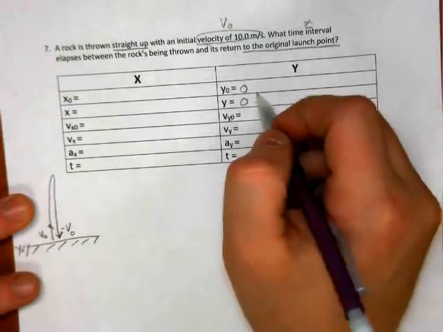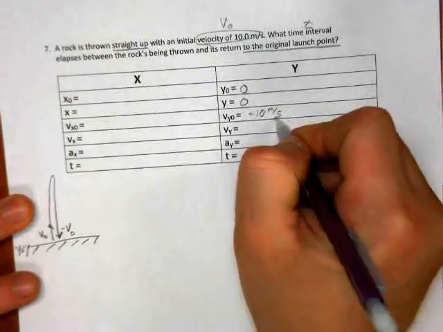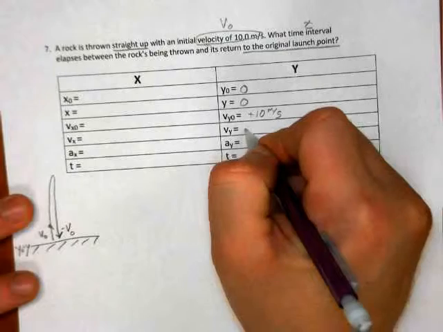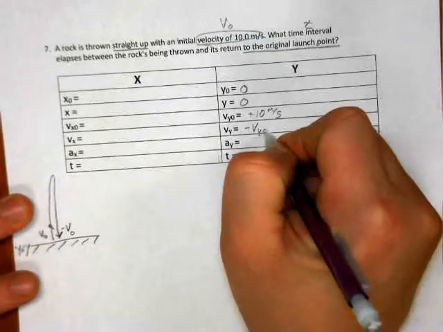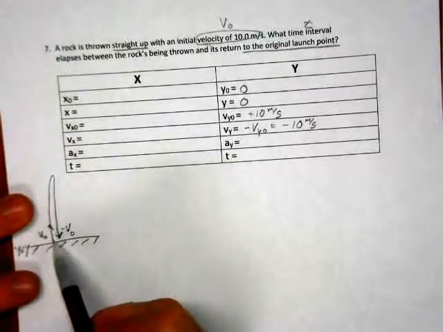Well, Vy0 is equal to plus 10 meters per second, and here's the tricky part. We also know that Vy is equal to negative Vy0, which is equal to negative 10 meters per second. This is just a matter of symmetry.